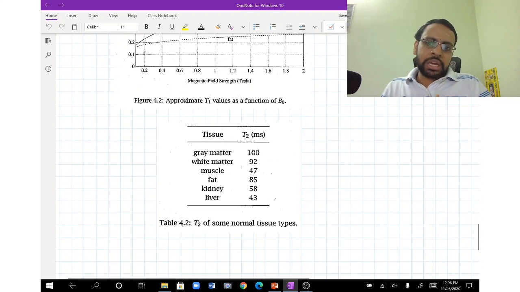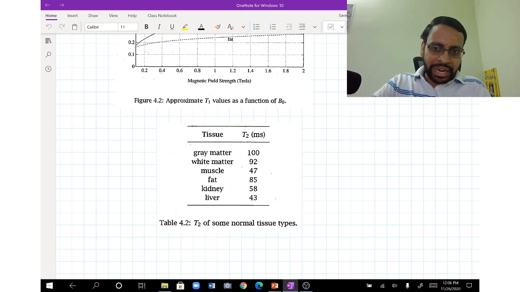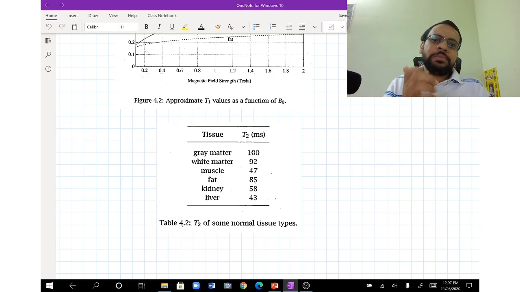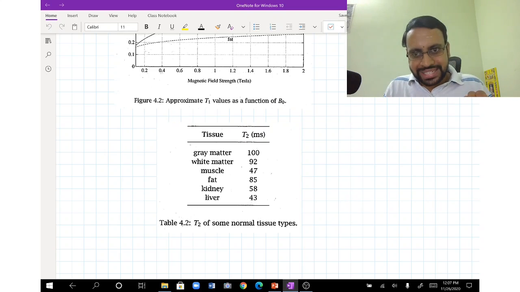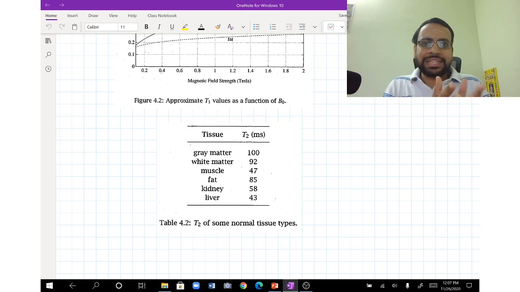Coming to the T2 relaxation time, that is for the Mxy to die down. You can notice here it's hardly of the order of milliseconds, and this is in fact not dependent on the magnetic field strength as such, because the dephasing phenomenon makes it die down much faster than the spin-lattice interactions happen.